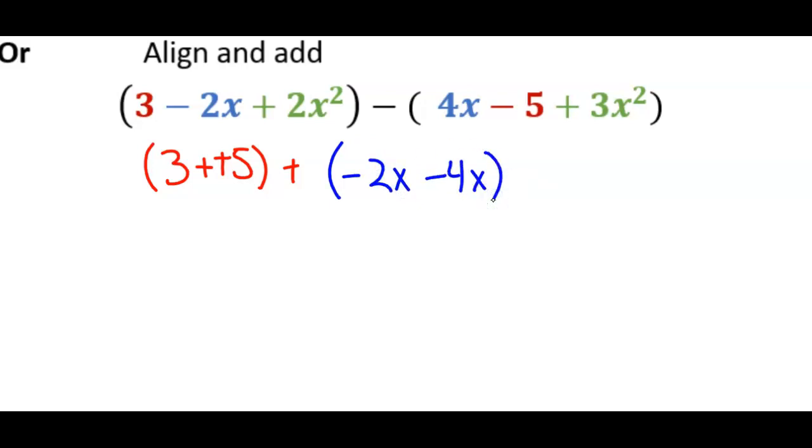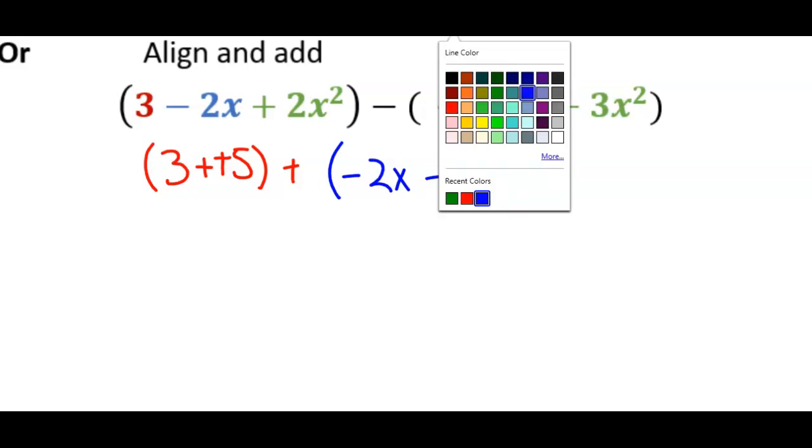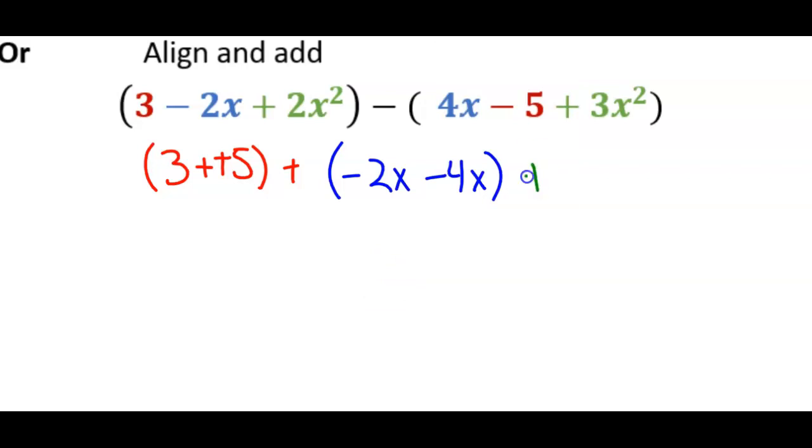So you'll notice I forgot to put that in. So as long as you are very careful, it will be okay. Plus, this is a 2x squared minus 3x squared.